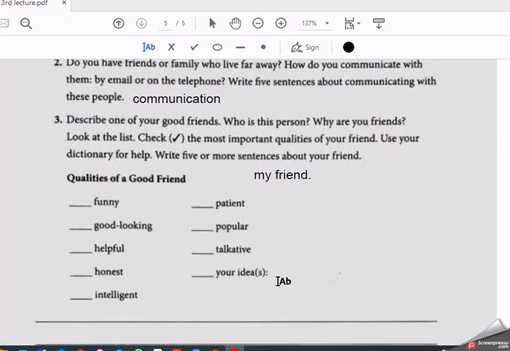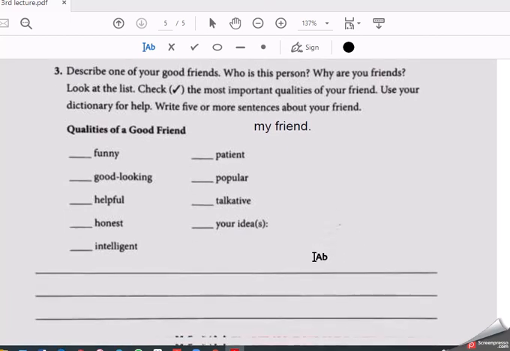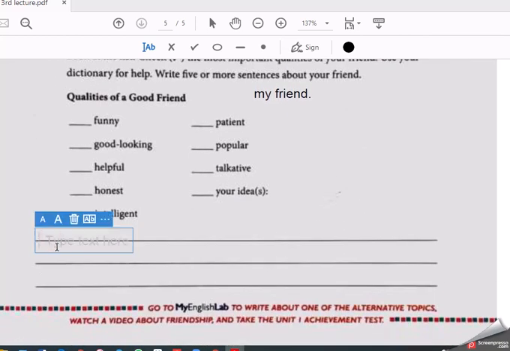Then here we have to write our ideas. For example, I can say my friend is very smart. Then I write here, my friend's name is Khalid. Look, I write a capital letter here. I start with a capital letter here. The name is a capital letter.